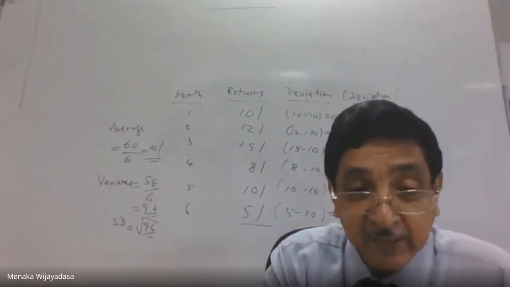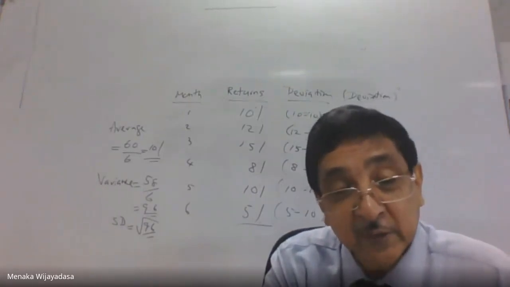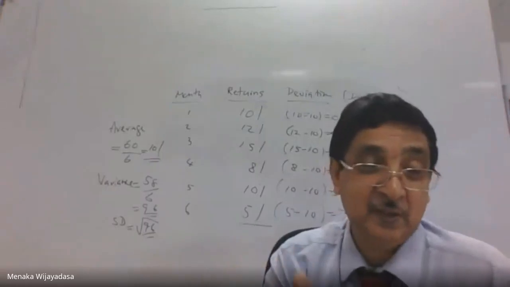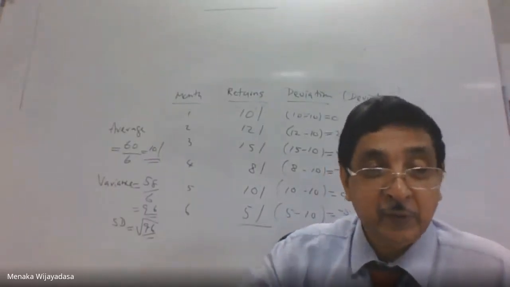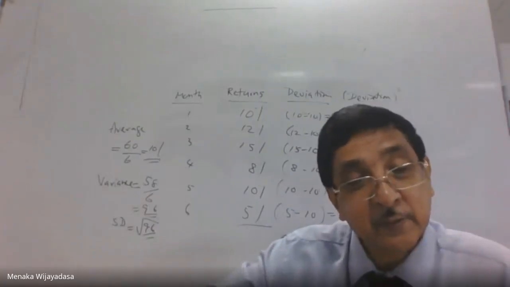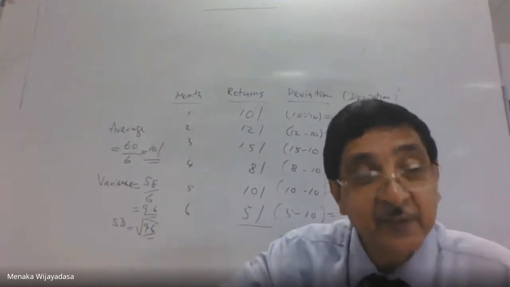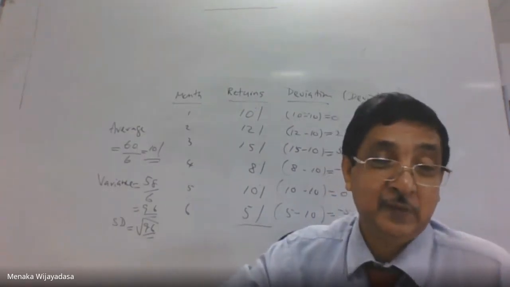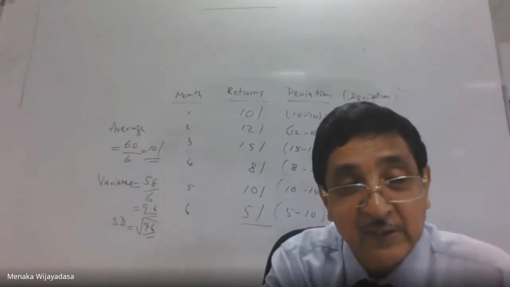Your criteria is you need to have a higher return with lowest risk. So that is the optimum. Now if you want to compare branches, how do you compare? Through the risk and return. So that is why we are very much particular about these calculations.